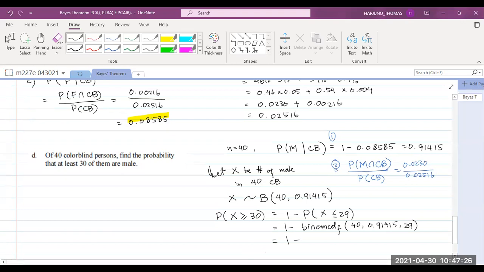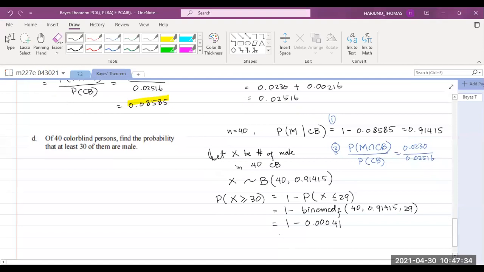That will be 0.00041. Oh, wow. So it will be 0.99959. So almost sure that we have at least 30 of them male.